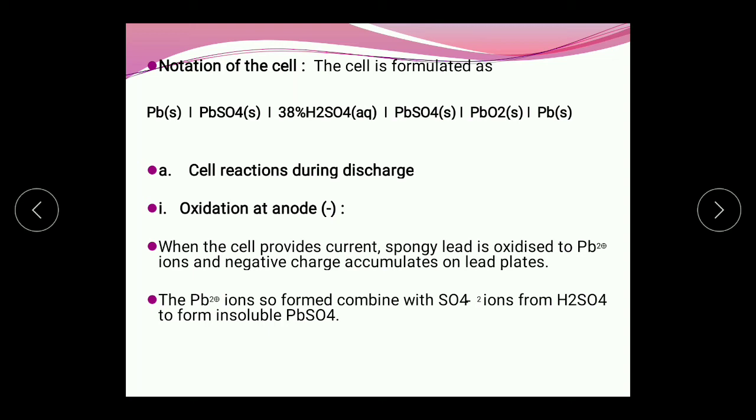Hence, it will dissociate into H plus and SO4 minus 2 ions. So, SO4 minus 2 ions, as they are in the electrolytic solution, immediately Pb plus 2 ions will combine with SO4 minus 2 ions to form a precipitate of lead sulfate. So, the reactions are like this.